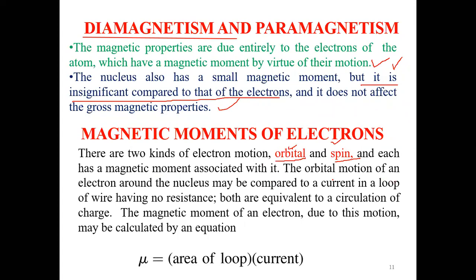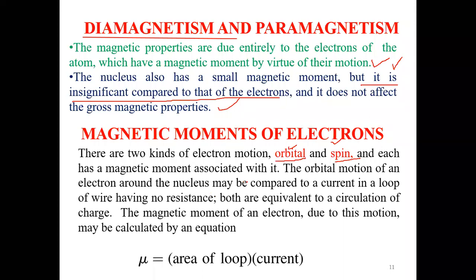The orbital motion of an electron around the nucleus may be compared to the current in a loop of wire having no resistance. That means if you take a current carrying conductor and make a loop, this current flow may be considered as the orbital motion of an electron around the nucleus.